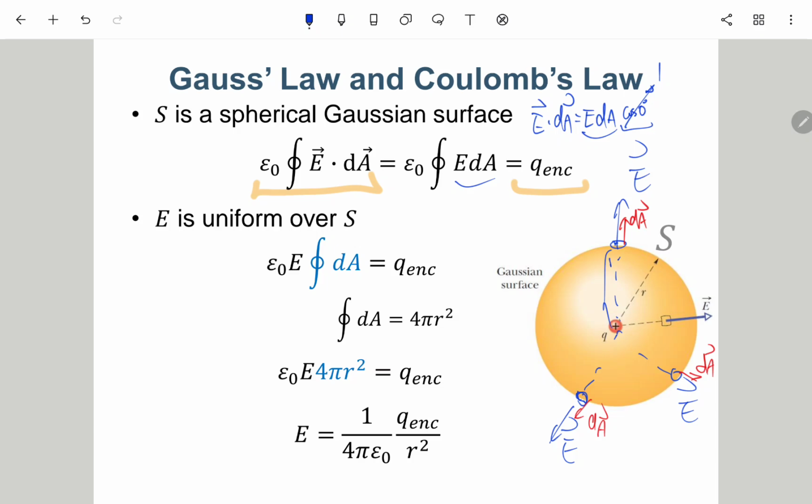But on the sphere, all of them are the radius, a constant, which means that E is also a constant. So in that case, E can be put outside because we are integrating a constant. It's just a multiplication. So here we put this E outside this integral sign.